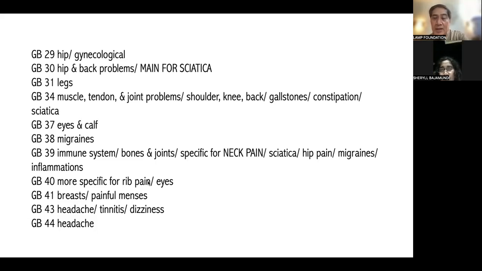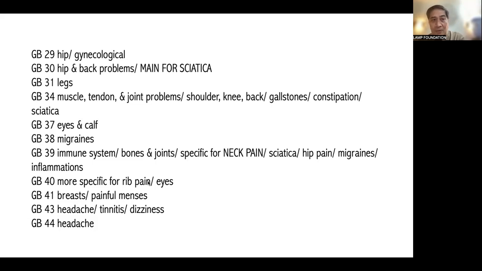Actually, GB34 is just level with spleen 9. So you need to be very precise with the location. If you're not very sure, it's just level with spleen 9 on the medial side. It's GB34.